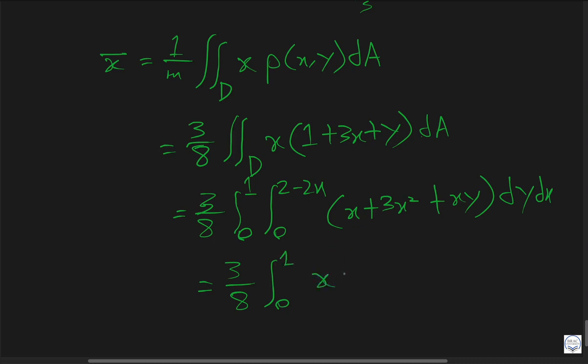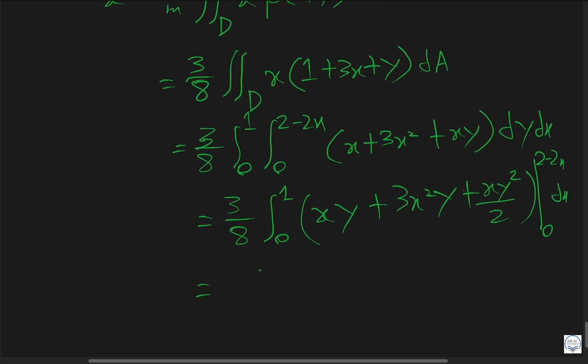So this will be x times y plus 3x squared y plus x times y squared divided by 2. Now we have to use the limit 0 to 2 minus twice x dx.